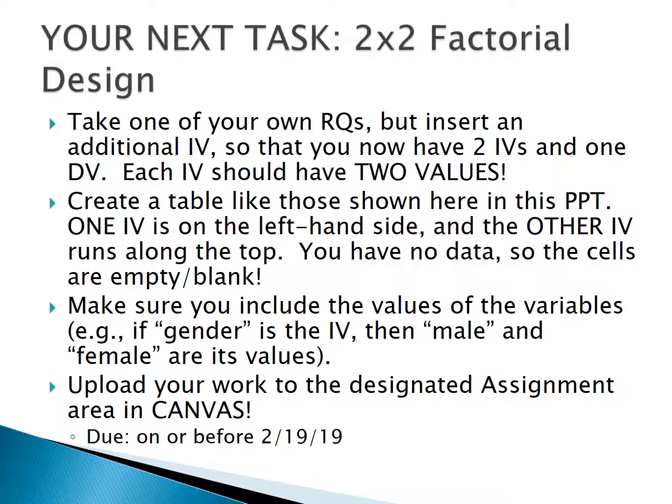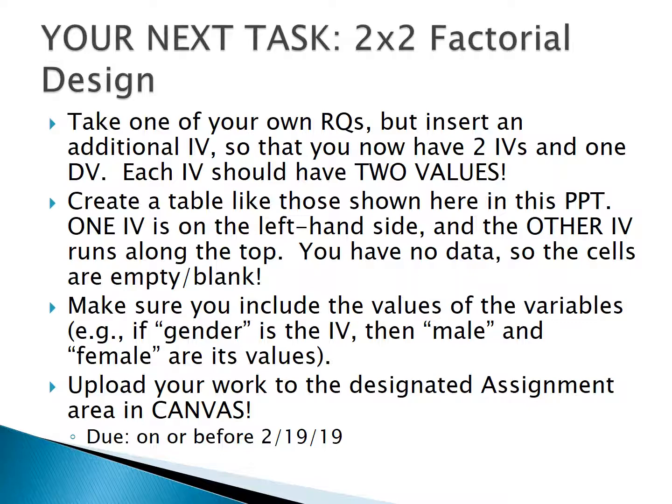Recreate a table similar to what I've just shown you, and you're going to have one independent variable along the left-hand side, and the other will run across the top of your table. Unlike the tables we just looked at, there is no data, so you're not going to put any numbers inside.